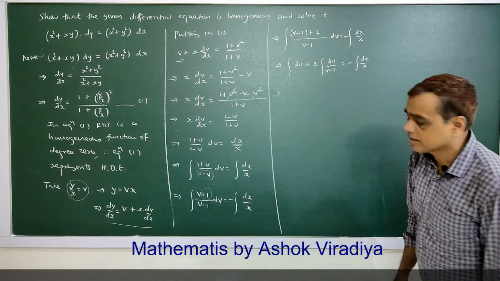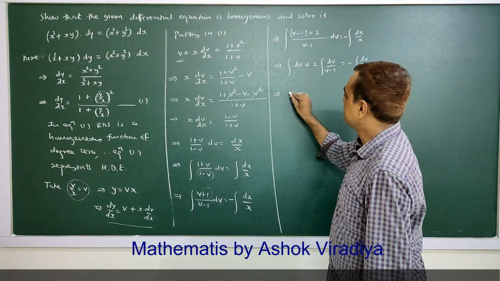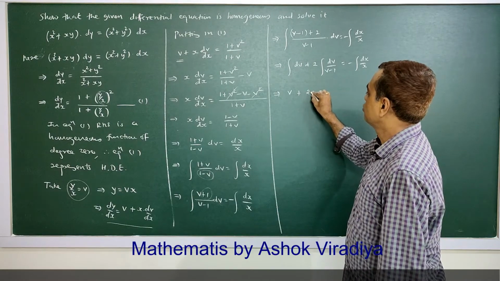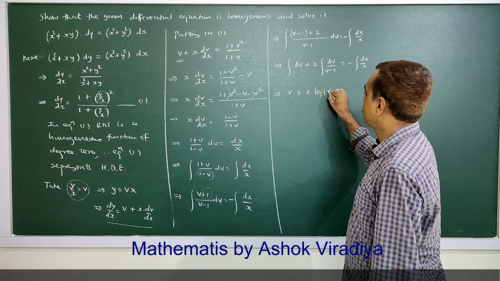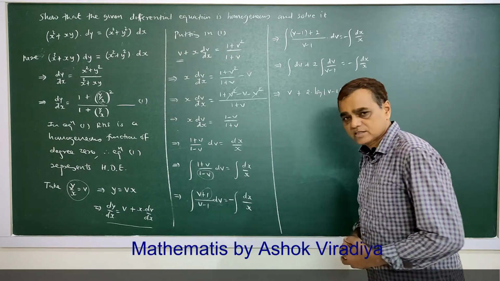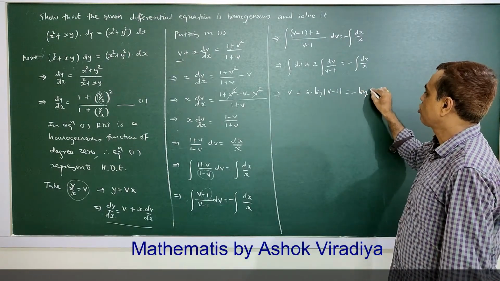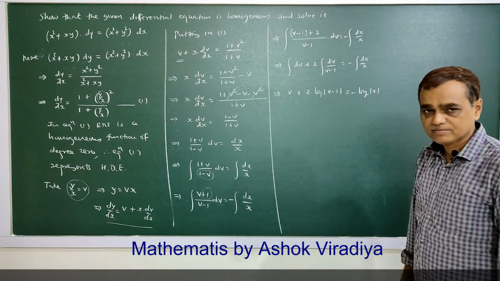Now putting the integral of 1 with respect to v is v plus 2 times log mod v minus 1 equal to minus log of modulus x.